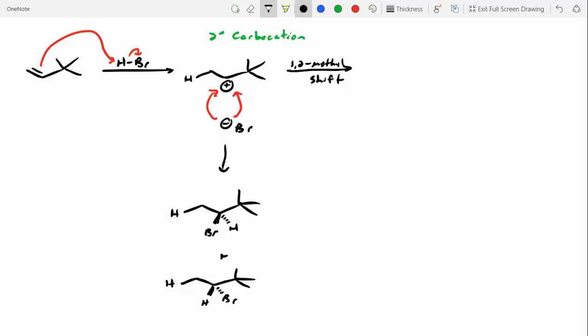So in this case, all we need to do, I'm going to change arrows here, is move this methyl group over to that carbon. Now we've got this really nice tertiary carbocation.